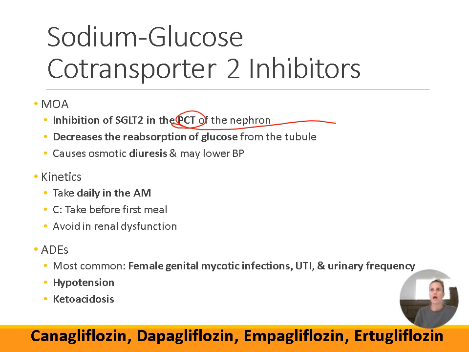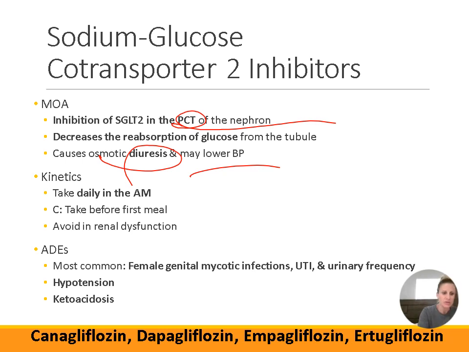Also, remember, the reason that diabetes is associated with polyuria is because that glucose in the urine pulls water, right? Osmosis occurs and water follows the glucose, follows the solutes. So because we have more glucose in the urine, we have more water in the urine, and this also ends up causing diuresis, osmotic diuresis, and can lower blood volume and may lower blood pressure as well.